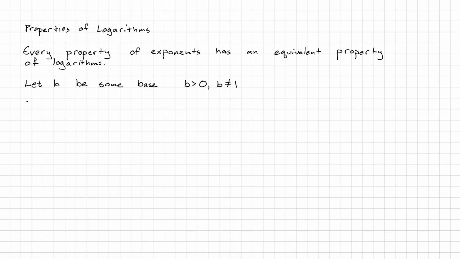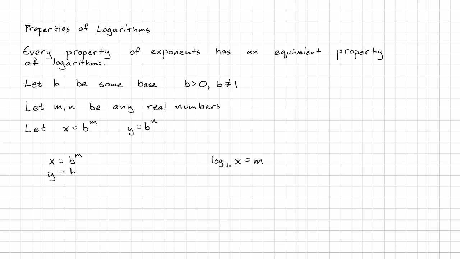And then we'll let m and n represent any two numbers, and x and y be what we get when we take b to that power. So we have x is b to the m, which means the log base b of x is m. We have y is b to the n, so that means the log base b of y is n.